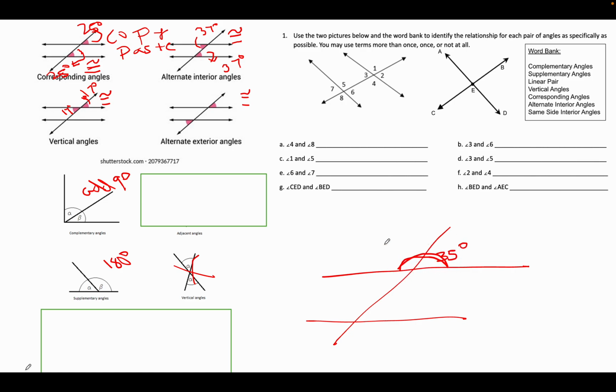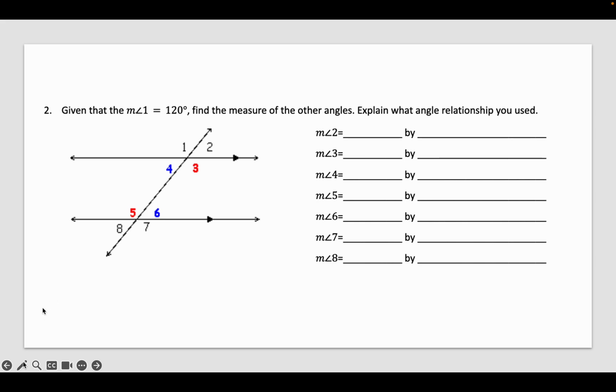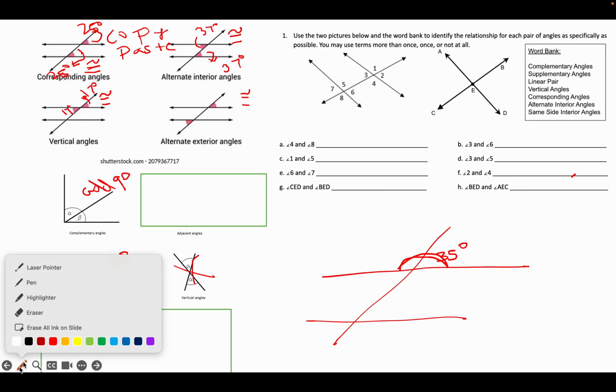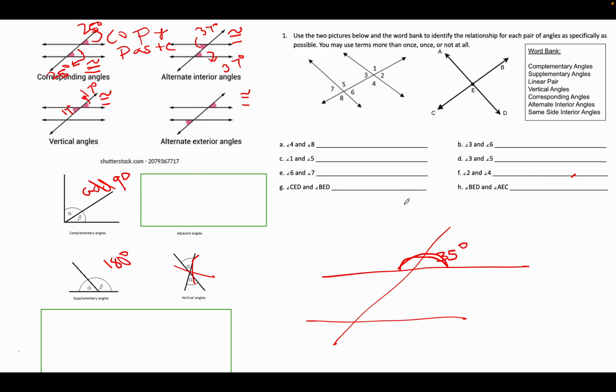So if I wanted to find this angle that's in green, I would do 180 minus 35, because both of them add up to 180 degrees, which equals 145.